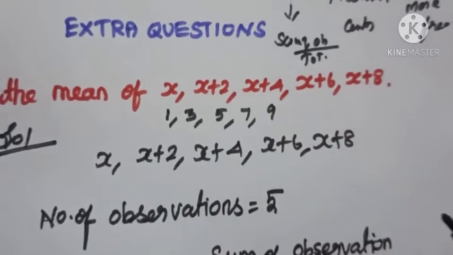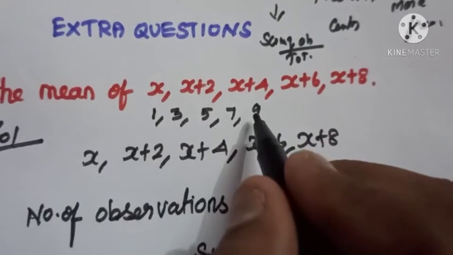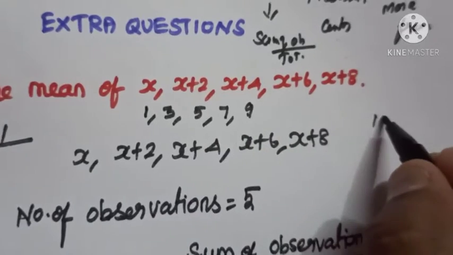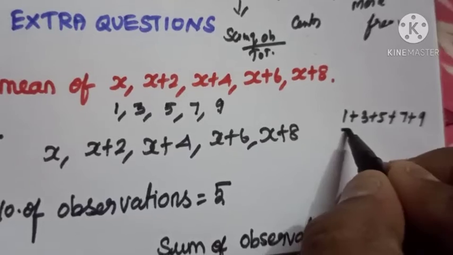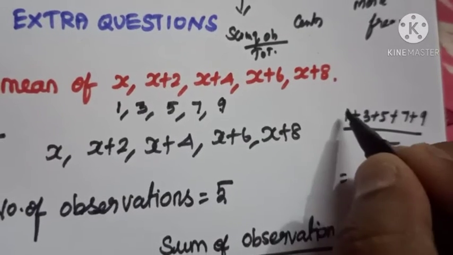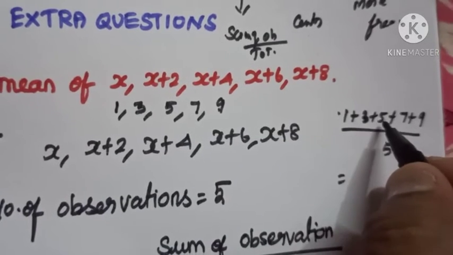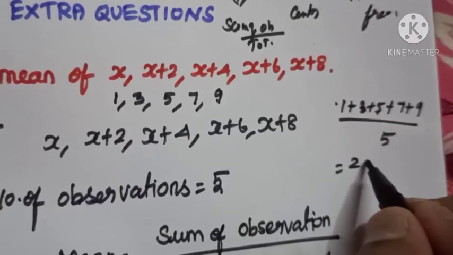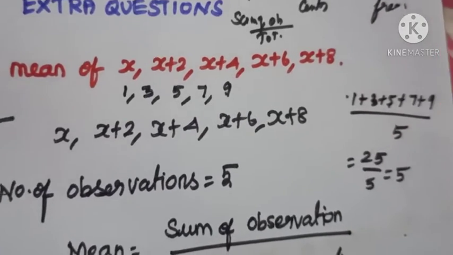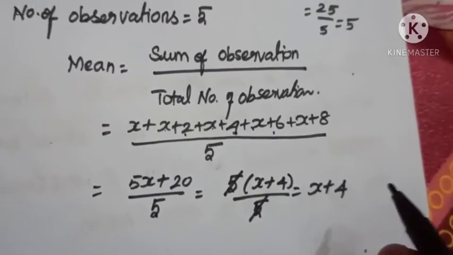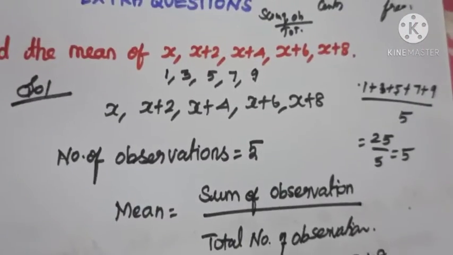So if you add everything, 1 plus 3 plus 5 plus 7 plus 9 whole divided by 5. 1 plus 3 is 4, plus 5 is 9, 16, 25. So 25 divided by 5, you get 5 as the answer. So that is x plus 4. 1 plus 4 is equal to 5, which is the average.